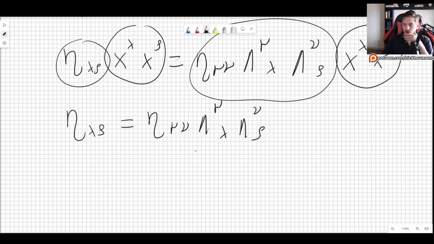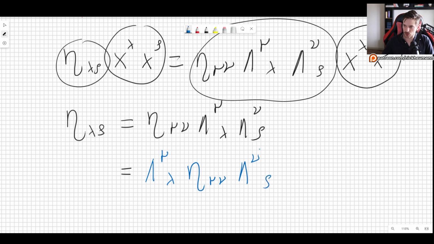And this is very interesting because we can now check this, and it's a decent multiplication exercise. If we want to multiply something, we need all the indices to be right next to each other, right? As we have said. So let's just commute these two elements. So we get lambda mu lambda times eta mu nu times lambda nu rho. So the nu's are right next to each other.